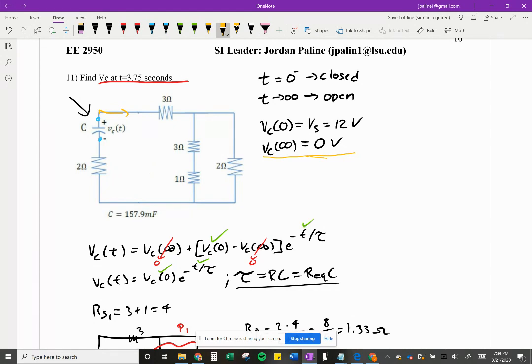The only thing we're missing here is tau. Tau is equal to RC for an RC circuit, but it's R equivalent, so we've got to combine all these resistors to find our equivalent in order to use this.